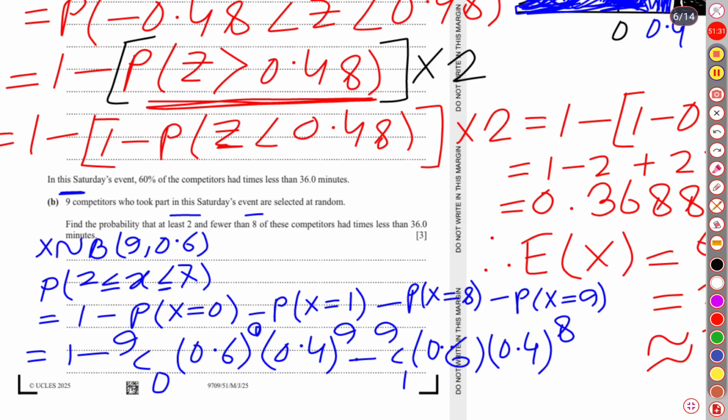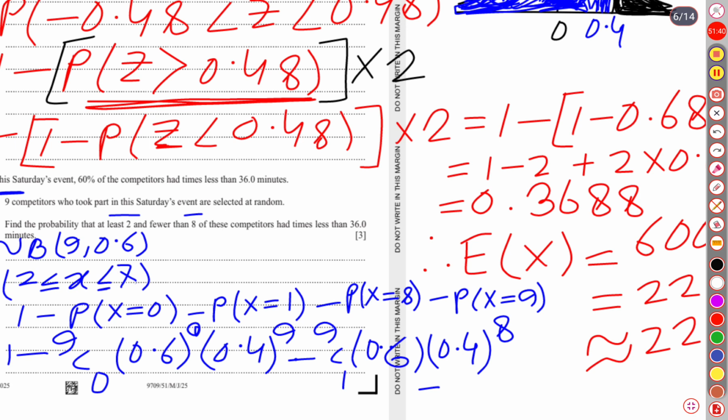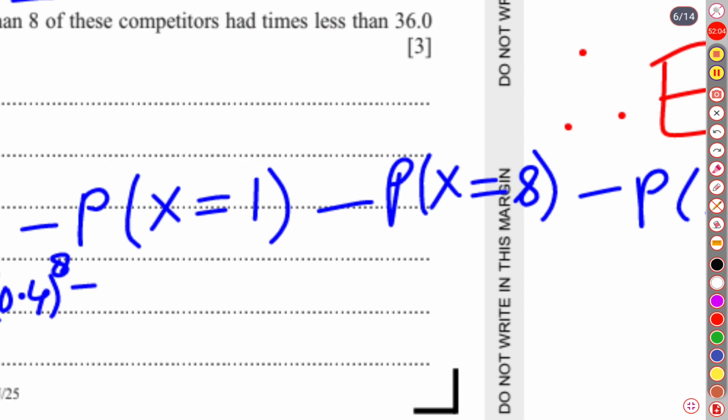Then there is another probability, minus, out of 9, 8 competitors took less than 36 seconds.